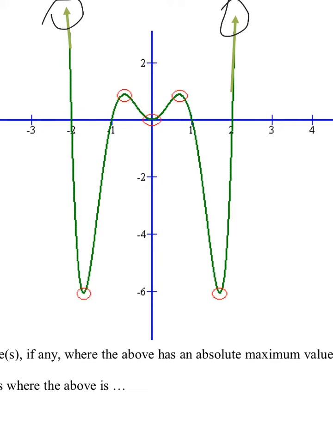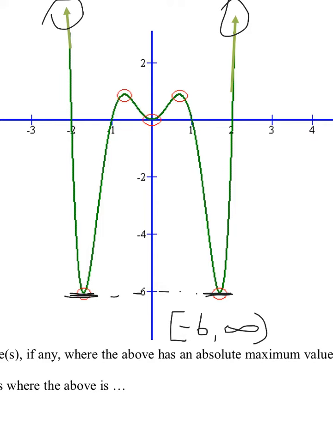Well, it doesn't go any further than negative 6. You see this? So in other words, our range is going to start at negative 6, including negative 6, and it's going to go up to infinity.